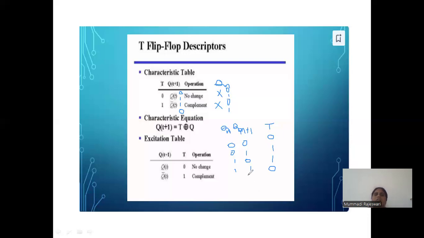These are the different types of flip-flops with their characteristic tables and excitation tables. From the characteristic table or the truth table, this is how we calculate the excitation table. In this way, we can calculate the excitation tables of flip-flops.